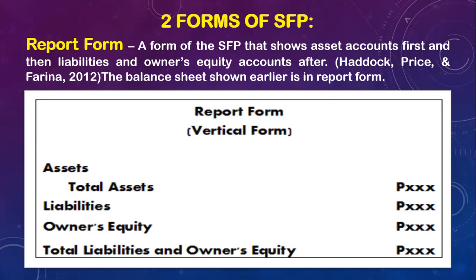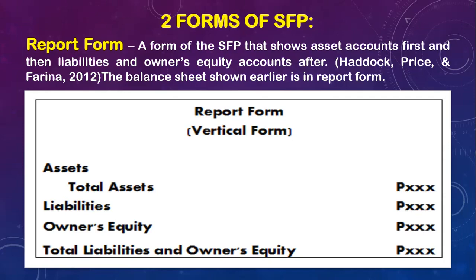Kung mapapansin nyo sa example natin, ito, report form. Automatic dito nyo ilalagay yung title, assets. Vertical yung pagkaka-input, ibig sabihin, magkakasunod, pababa. Dapat daw po equal yan.